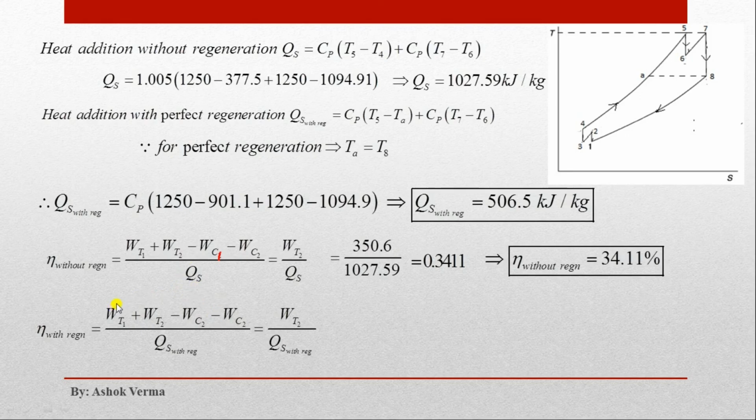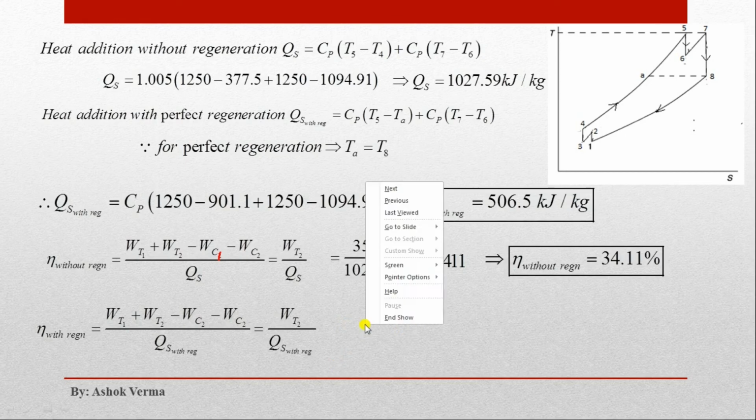That is, the net work output will be WT1 plus WT2 minus WC1 minus WC2, and WT1 is equal to WC1 plus WC2, so WT1 will be cancelled out and only WT2 will be left. And the heat supply with the regeneration will be equal to 506.